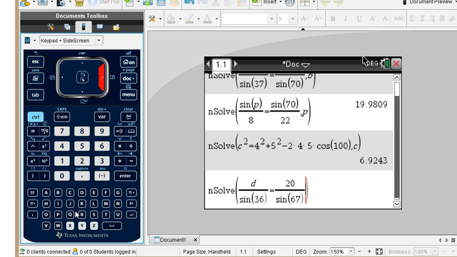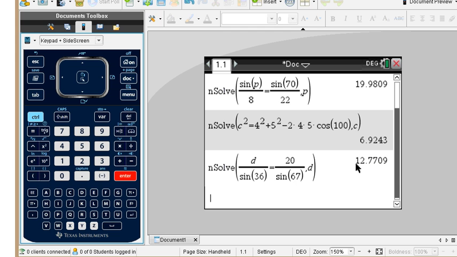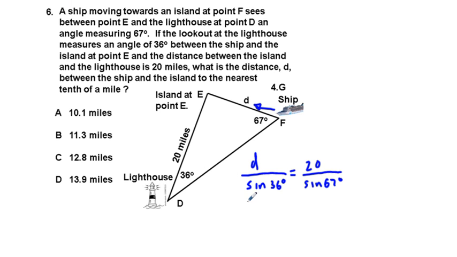And we go here and press comma, and D is our unknown. And for that we get 12.77, so rounded to the tenth, 12.8. And that would be closest to answer choice C.